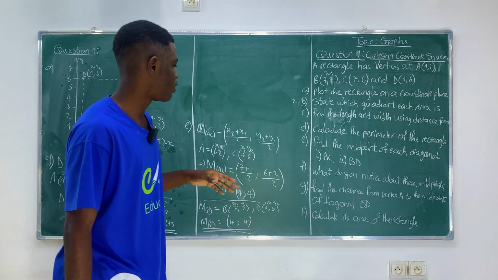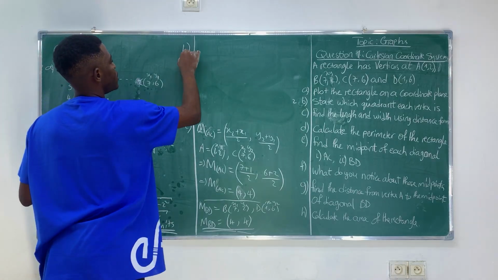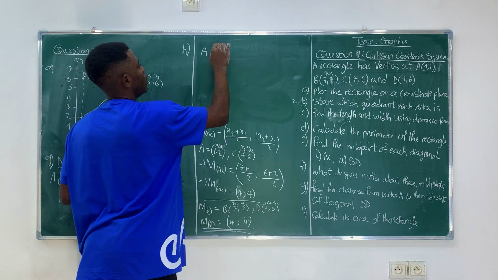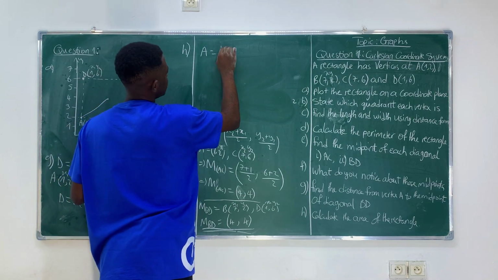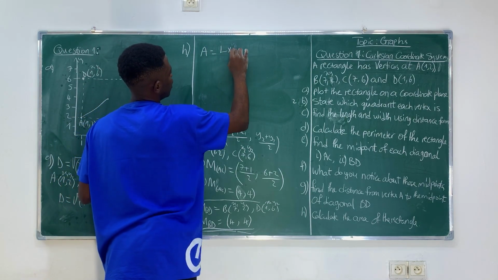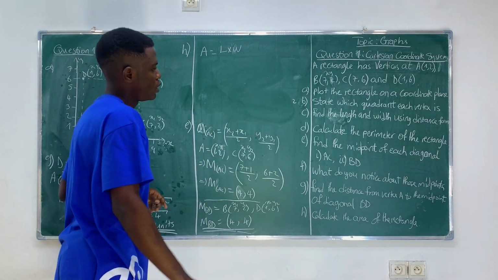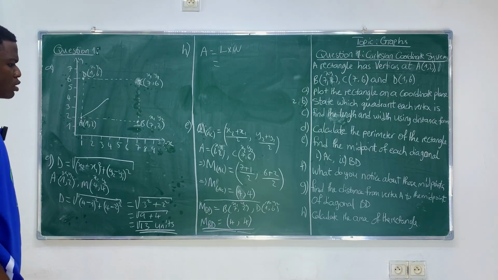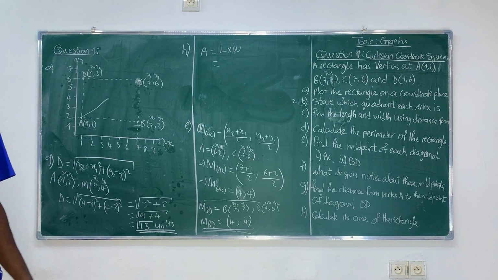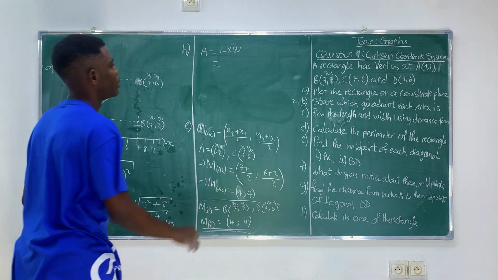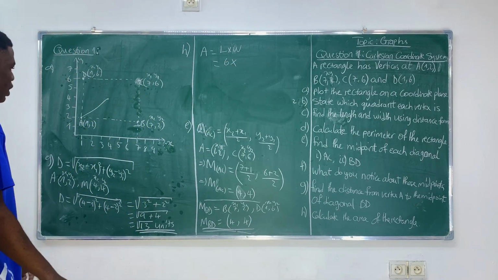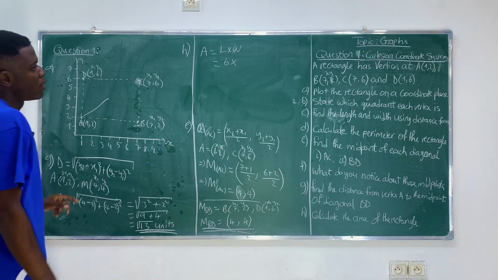H. Now calculate the area of the rectangle. H says calculate the area of the rectangle. What is the area of a rectangle? Area is equal to length times width. So what is the length I drew? The length was 6 and the width 4.